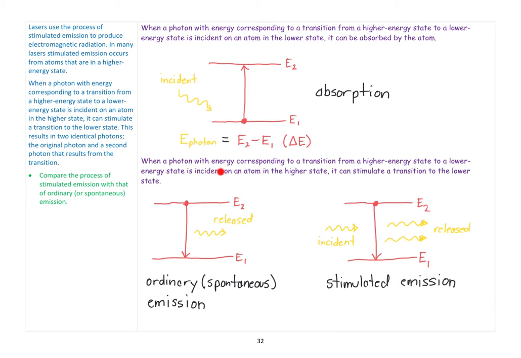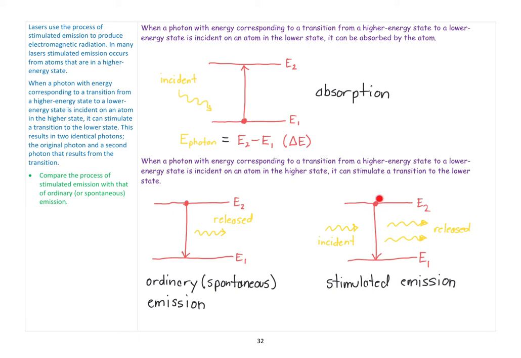When a photon with energy corresponding to a transition from a higher energy state to a lower energy state is incident on an atom in the higher state, it can stimulate the transition to the lower state.